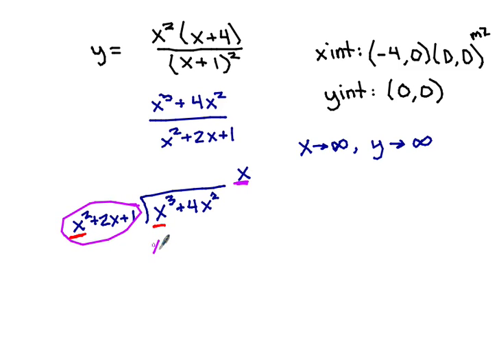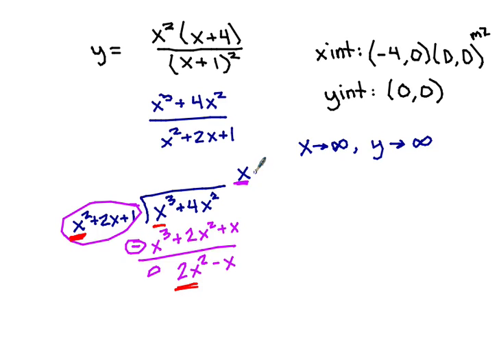So we end up with x cubed plus 2x squared plus x, and then we'll subtract it. So we'll end up with 0, and then 4 minus 2 gives us 2x squared, and 0 minus x is minus x. Then we repeat that step. Does x squared go into 2x squared? Yes, it goes in there 2 times. So this will be a plus 2.